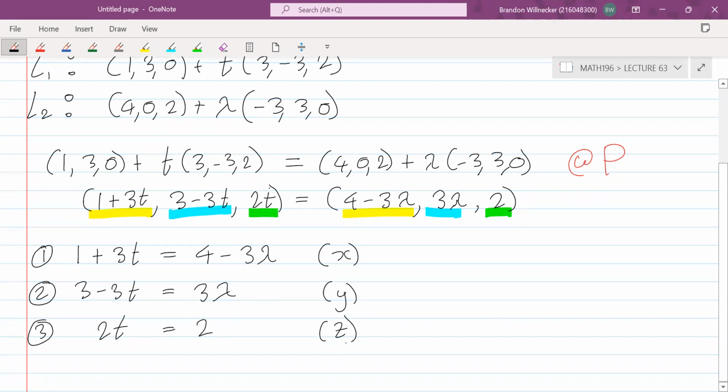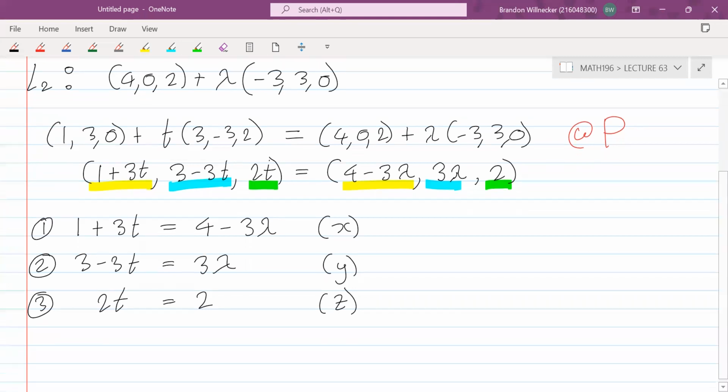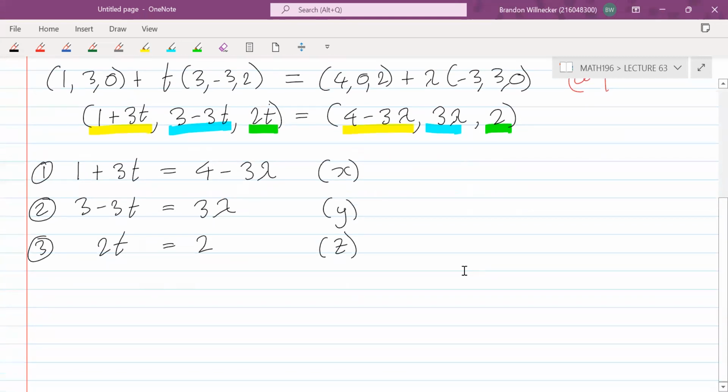So now what we want to do is find a value of t for the first line and a value of lambda for the second line such that the two are equal. So we've got three equations, two unknowns. We need to try and solve this. So let's look at equation 3. We've got 2t is equal to 2.